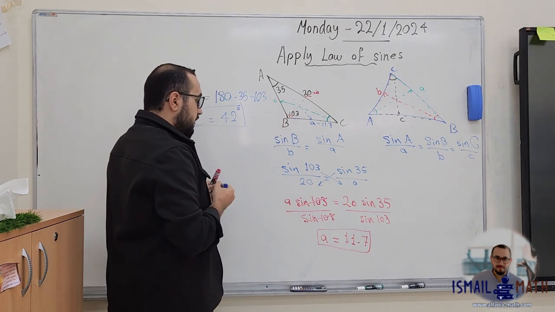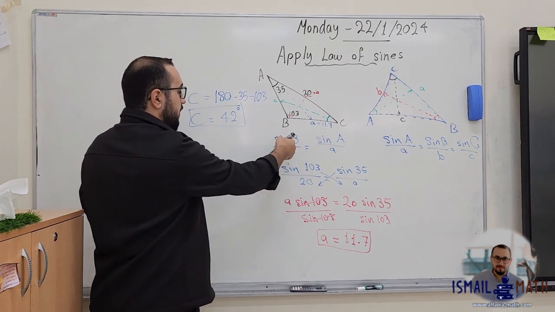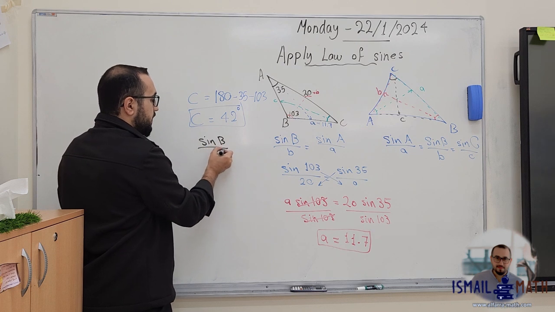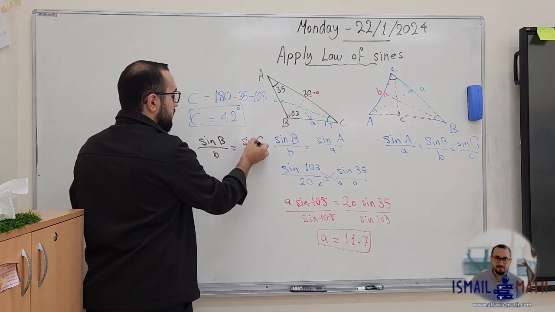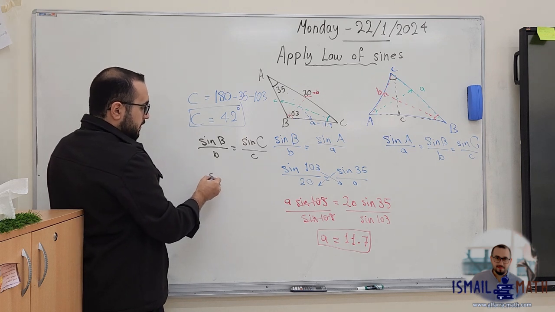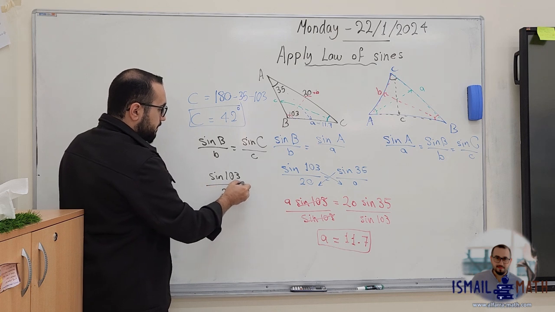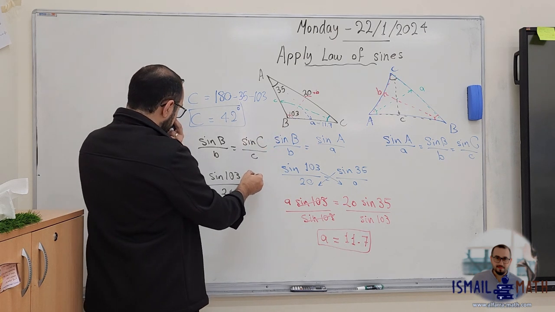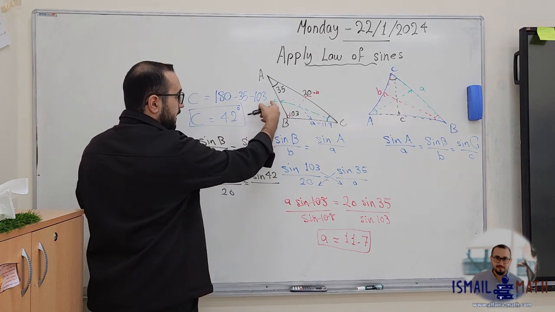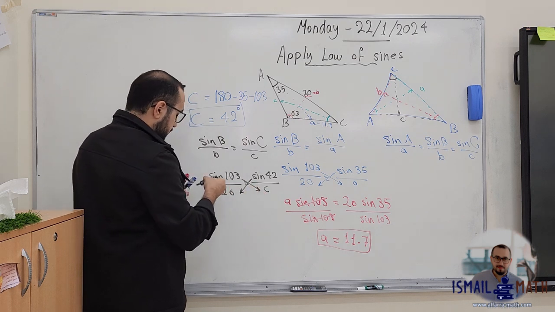Now I can use the law of sines to find side c. Let's use sine B because it's already known: sine B over b equals sine C over c. So sine 103 over 20 equals sine 42 over side c, which I need to find.